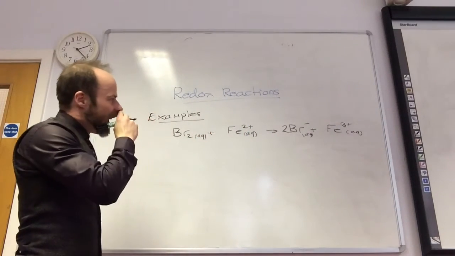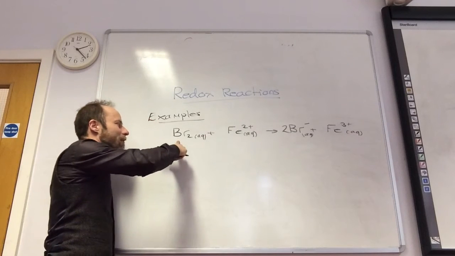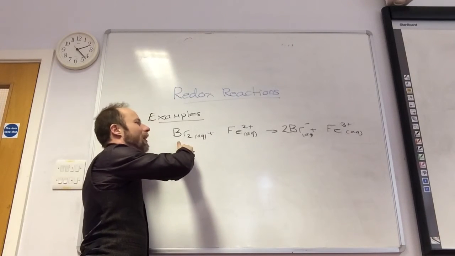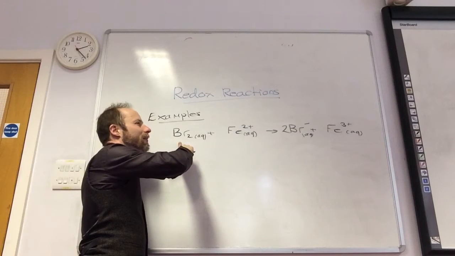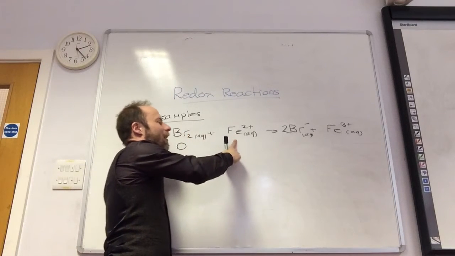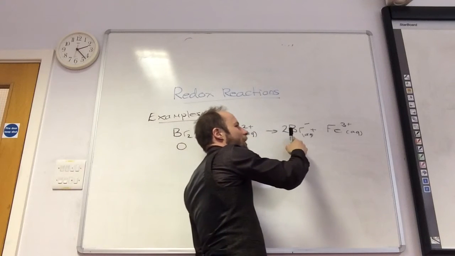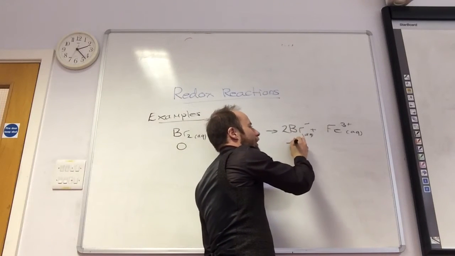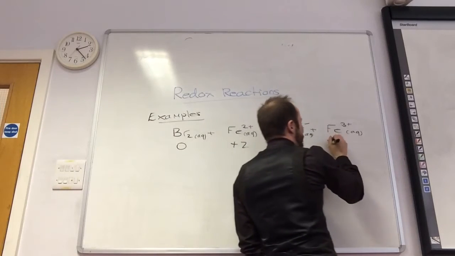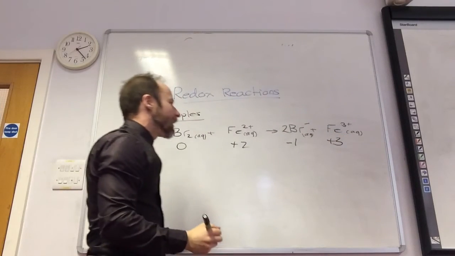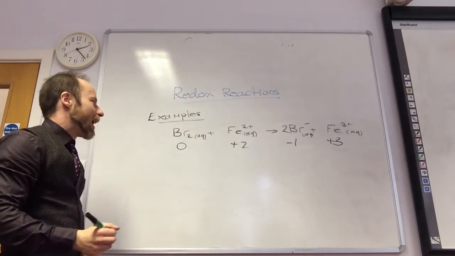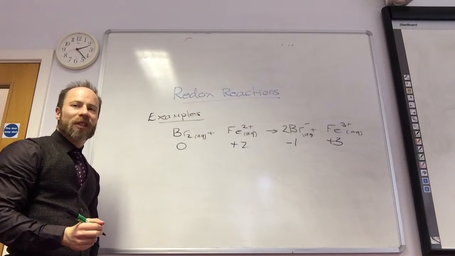So what's our oxidation state of bromine here? Elemental bromine, 0. Iron 2+. Bromide, -1, and iron 3+, +3. So iron has been oxidised and bromine has been reduced.